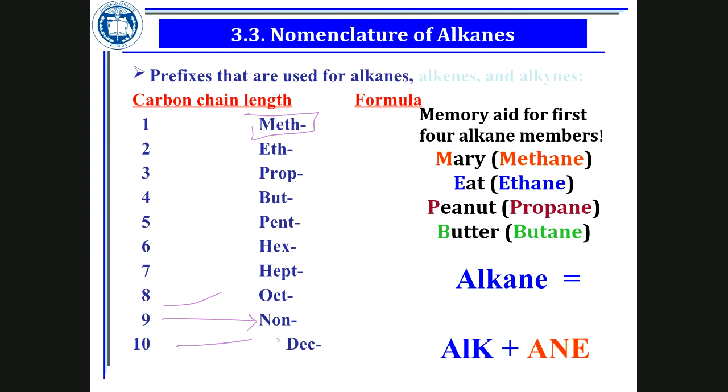If it's all saturated, it's going to be alkane, so methane, ethane, propane. See that they are all following the same suffix. Butane, pentane, hexane, heptane, and octane.